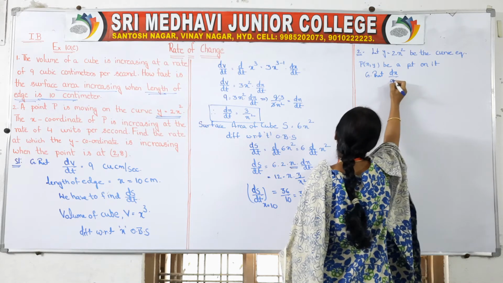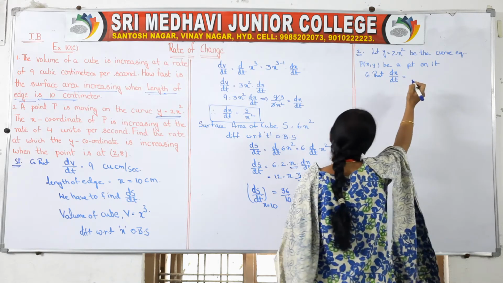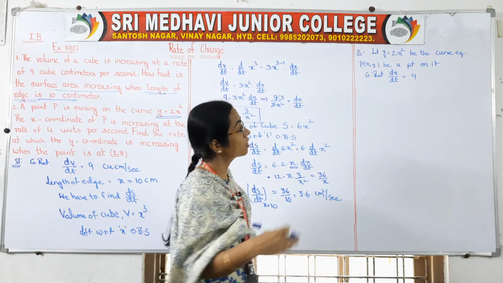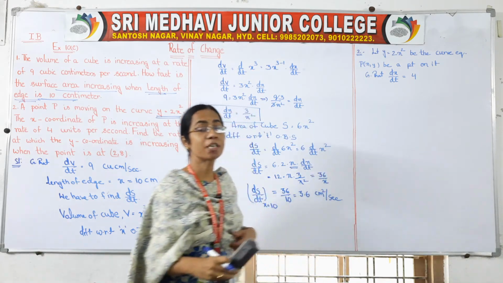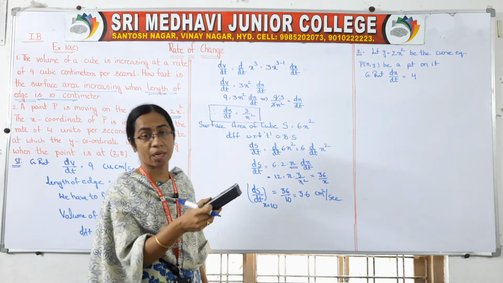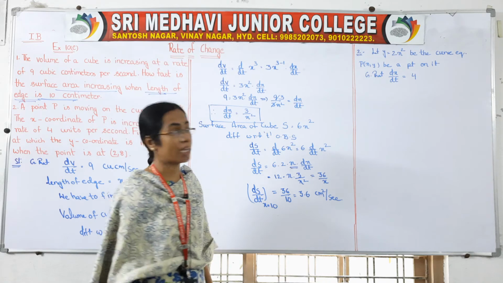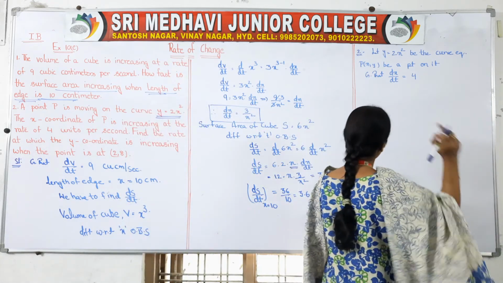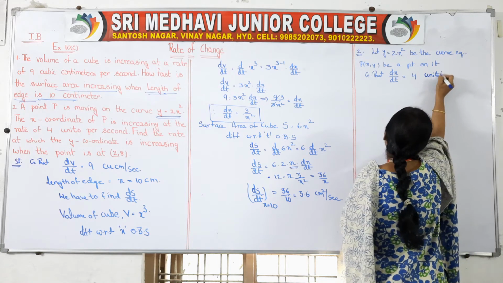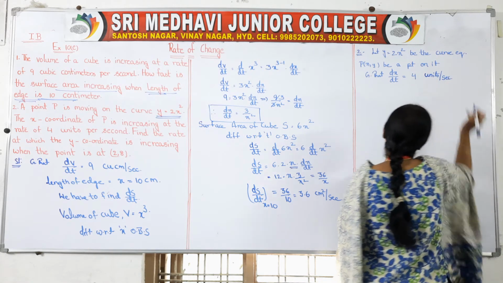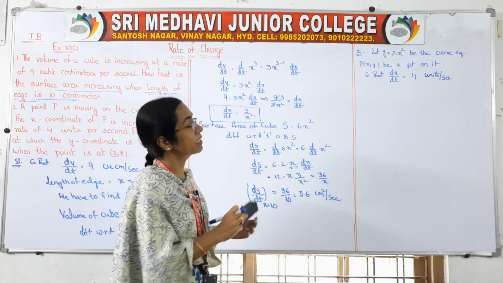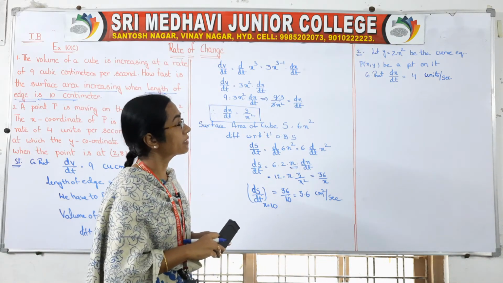So what is the given information? dx by dt is increasing, so it is a positive value. Suppose it is decreasing at the rate of 4 units per second, then I will write dx by dt is equal to minus 4. Increasing means plus 4, decreasing means minus 4. So dx by dt is equal to 4 units per second. The x coordinate of that point is increasing at the rate of 4 units per second.